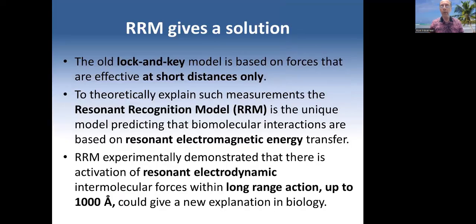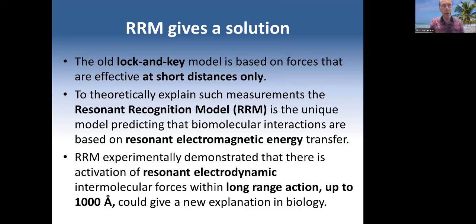So there was someone in the eastern part of Europe, Cosic, a very intelligent lady. She decided to try to fix a resonance model. How could a molecule find its counterpart?